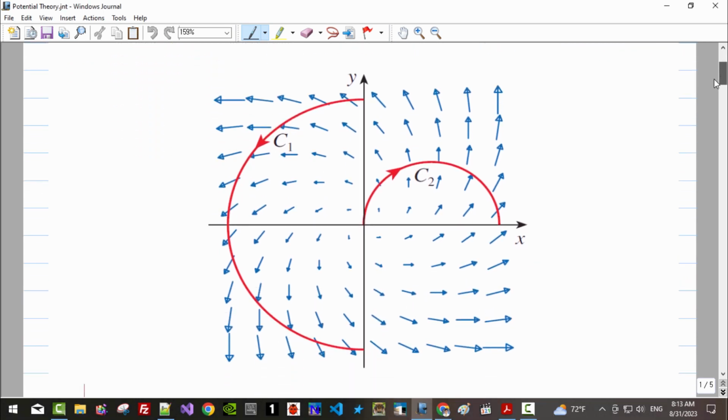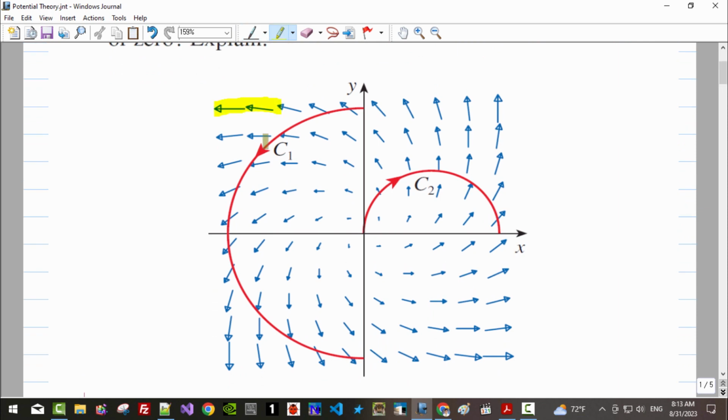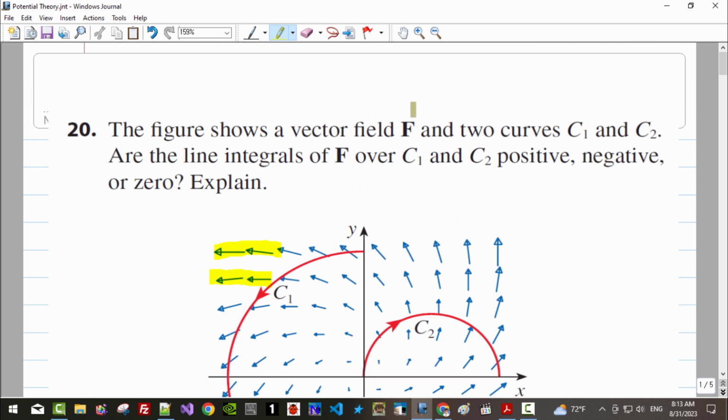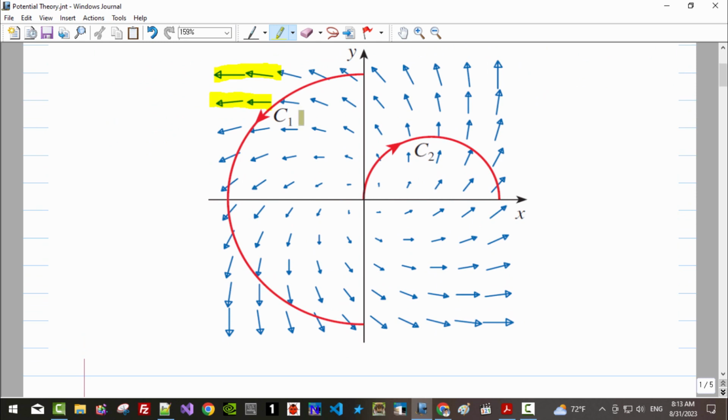In this figure, the blue arrows represent vector field F. We have curve C1, curve C2. Curve C1 is oriented in this direction, counterclockwise. Curve C2 is oriented clockwise.